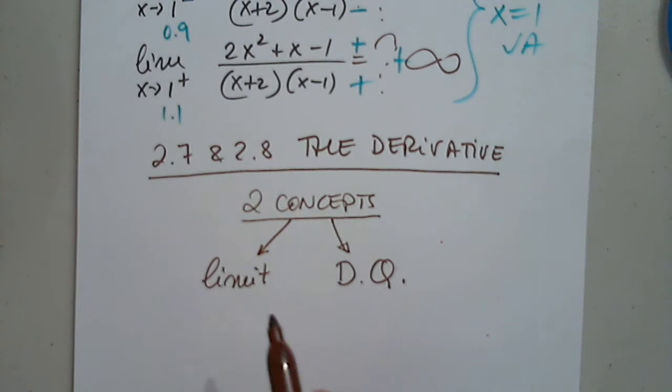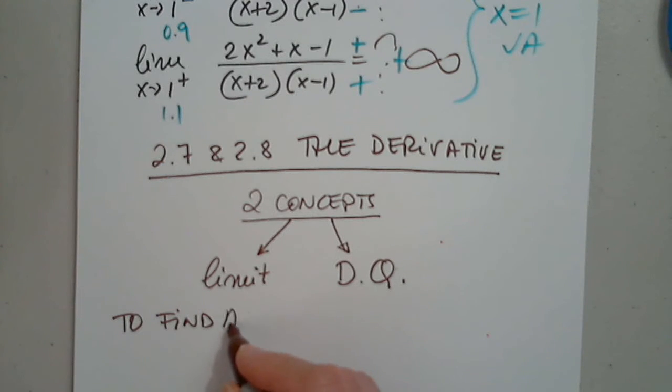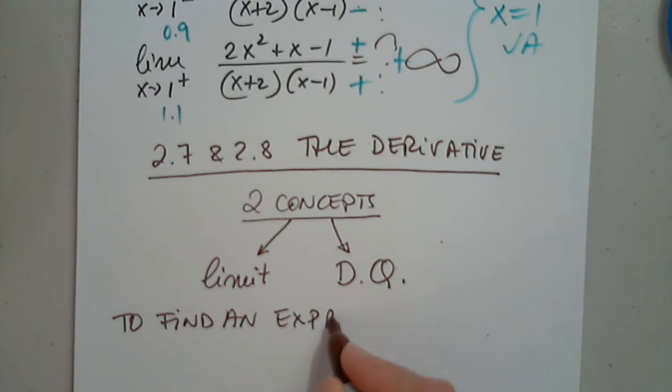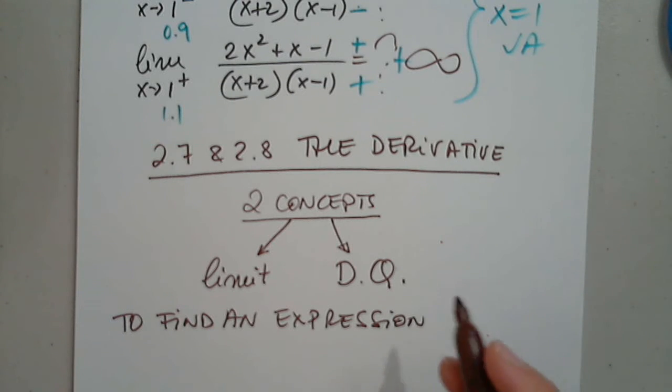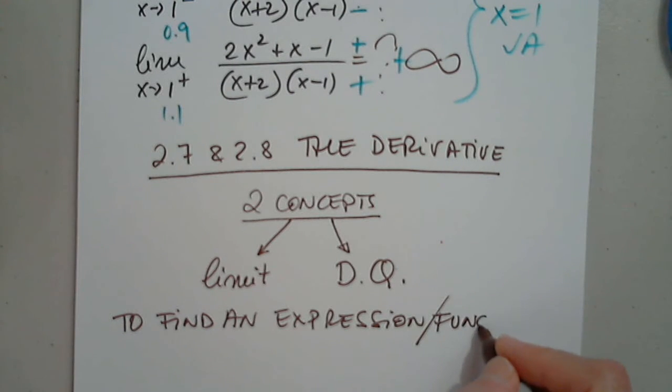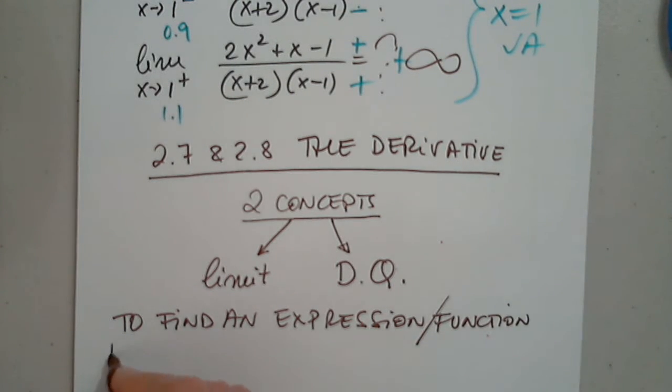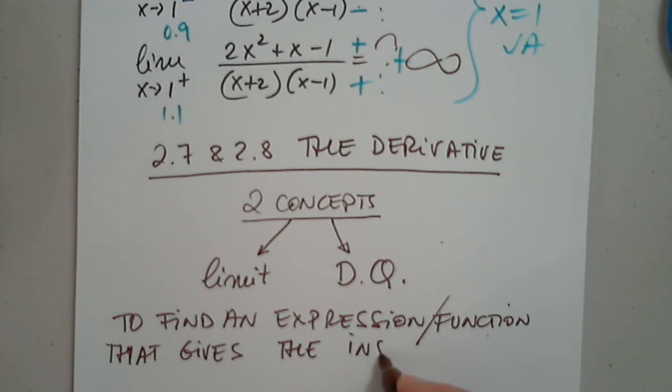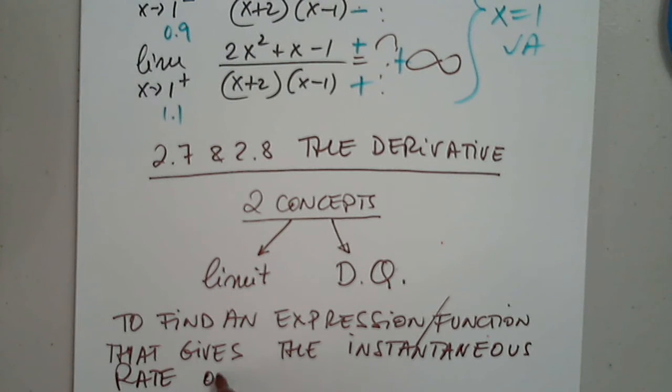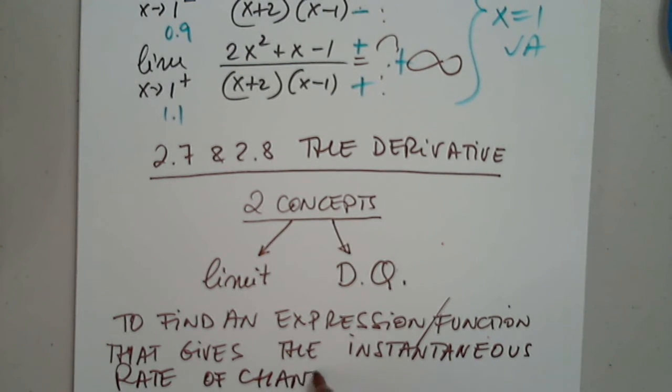We want to be able to find an expression, a function of course, that gives the instantaneous rate of change at any point.